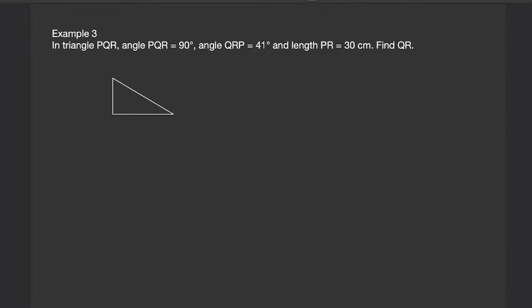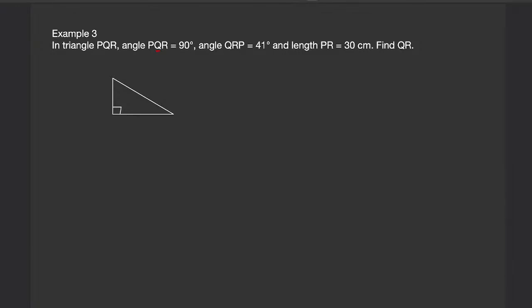So for our right angle triangle, we know that angle PQR is 90 degrees. Well, our 90 degrees must be formed here. What does that tell us? It tells us that whenever we write angles, the angle sits on the corner, the point in the middle.